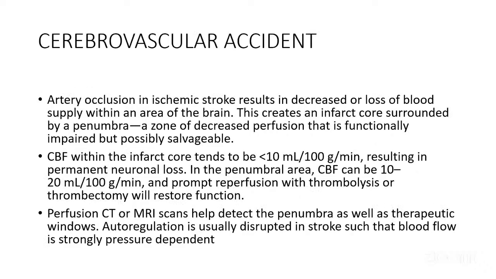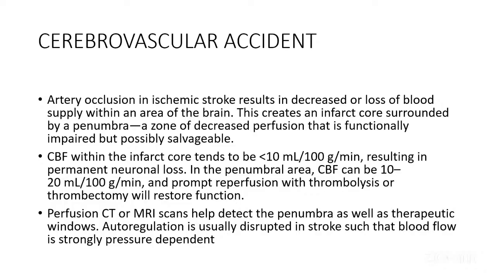Now, cerebrovascular accident. Artery occlusion in the ischemic stroke results in decrease or loss of blood supply within an area of the brain. This creates an infarct core surrounded by penumbra, a zone of decreased perfusion that is functionally impaired but possibly salvageable. So our target, as we do in ischemic CVA, is to prevent these things.